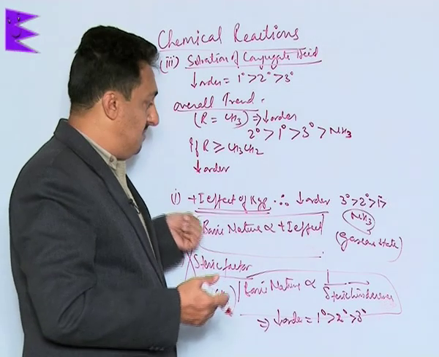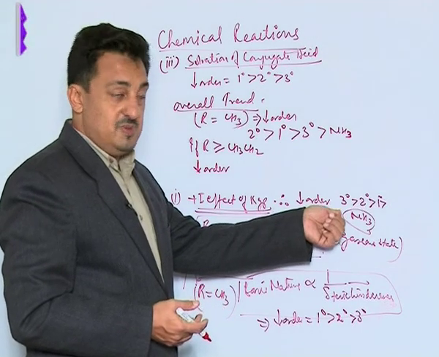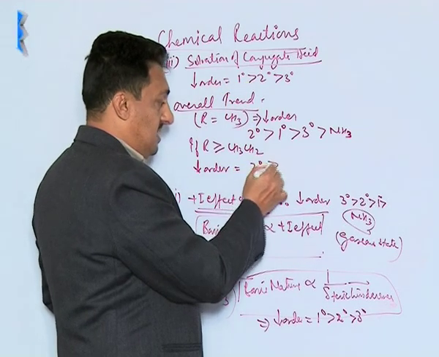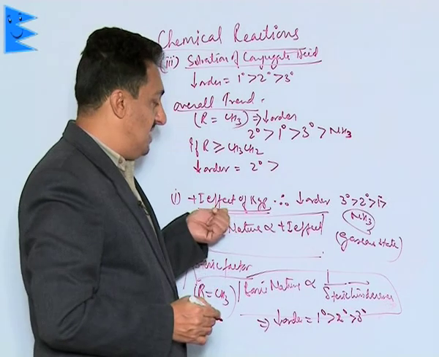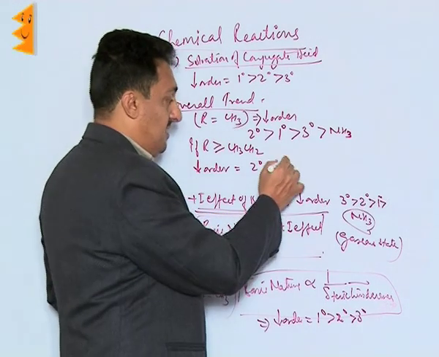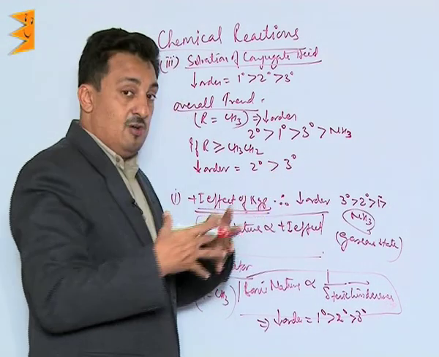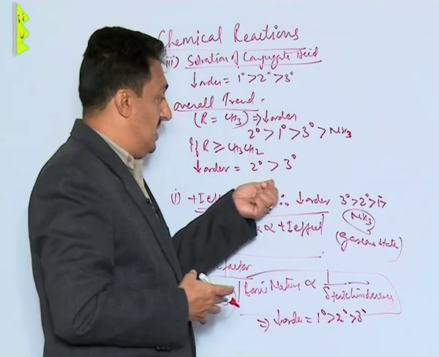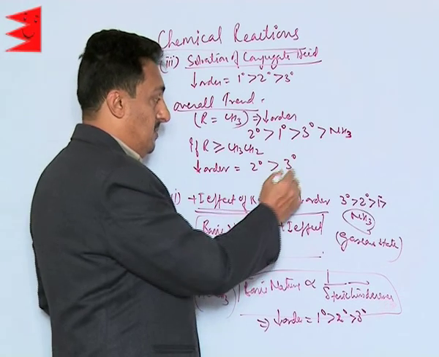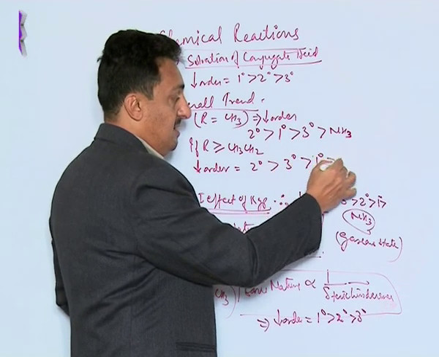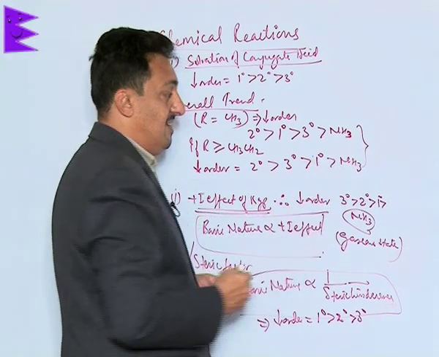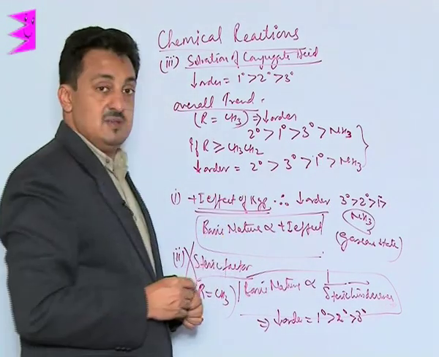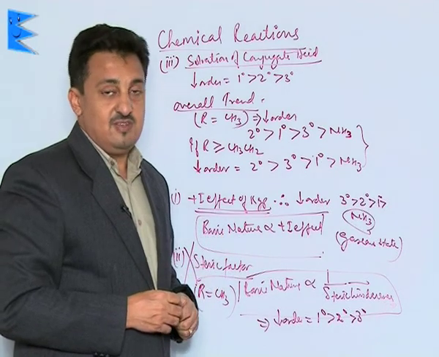Again, since this makes tertiary most basic, and this makes primary most basic, the one which dominates is the secondary. Then the plus I effect dominates. That makes tertiary, because since the R groups are now bigger, their plus I effect is very strong. So that makes tertiary the most basic, the second one number, and then the primary, and then the ammonia. So this is the basic nature of the amines. Remember, for alkyl amines, we have this overall basic nature trend.